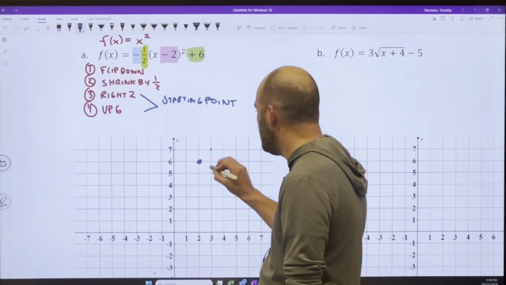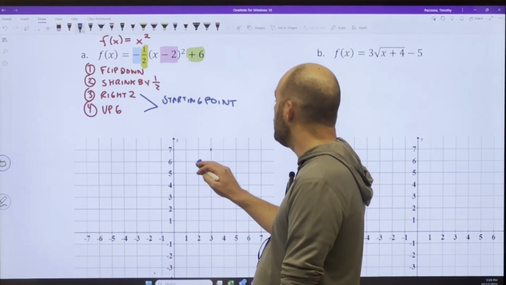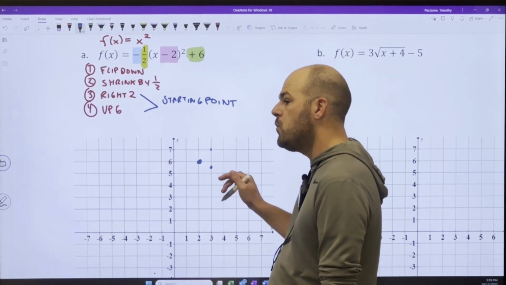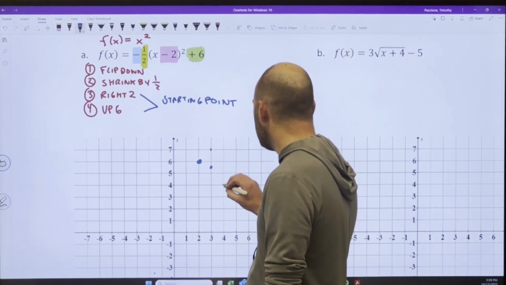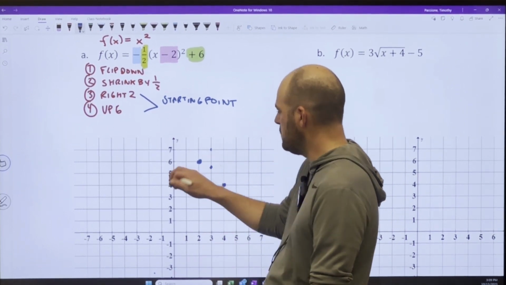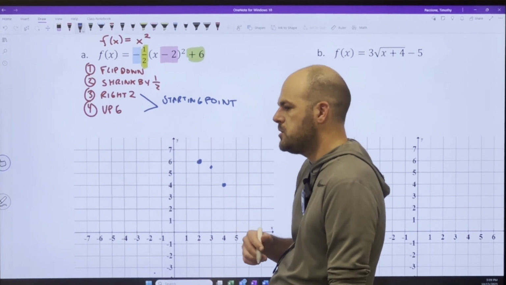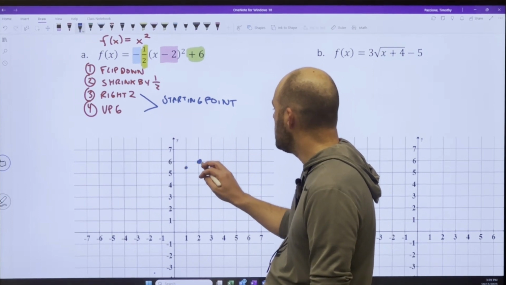And that point might be a little confusing, but the next one will be nice and clean. Because I go over 2 down 4 usually, so I'm going to go over 2 down 4 times 1/2, which is 2. Are you not flipping upside down? I am. Look. This was from the parent function. I was just showing. And then I do the same thing backwards. Over 2 down 2.